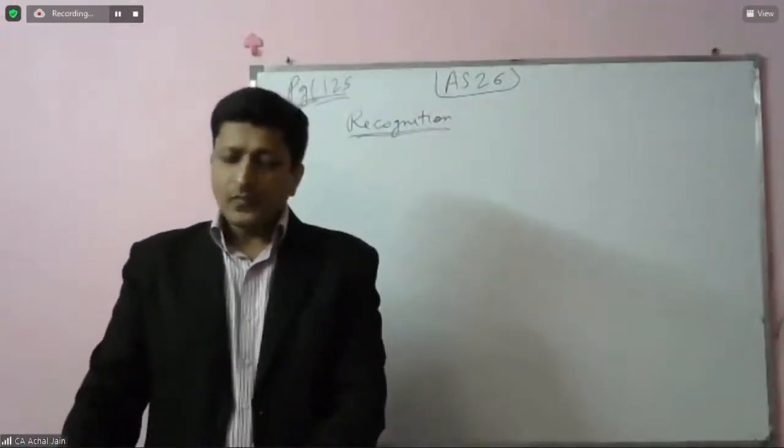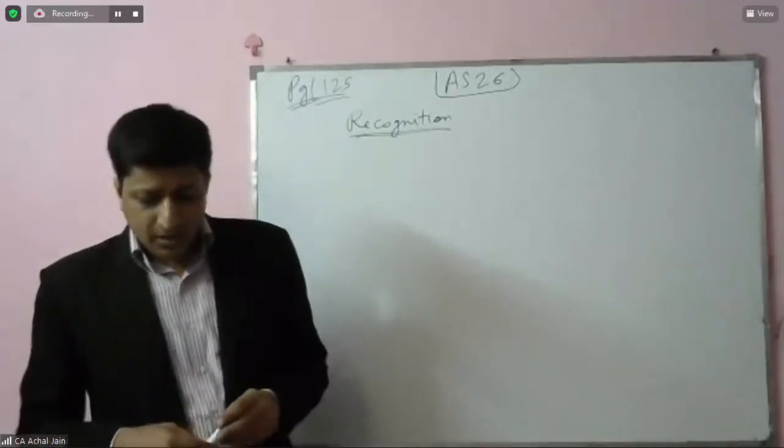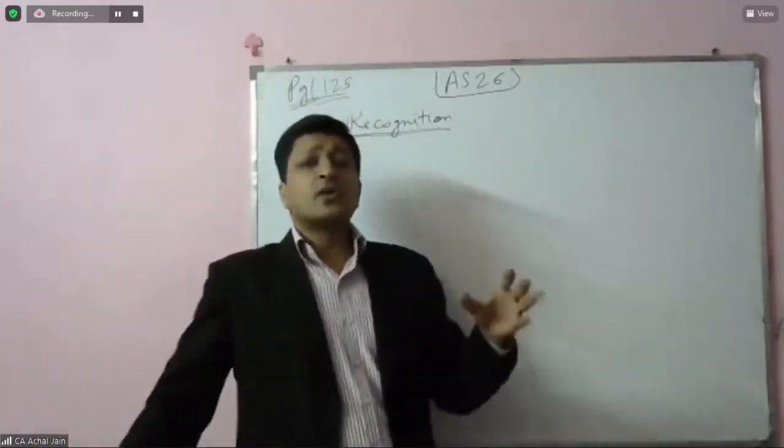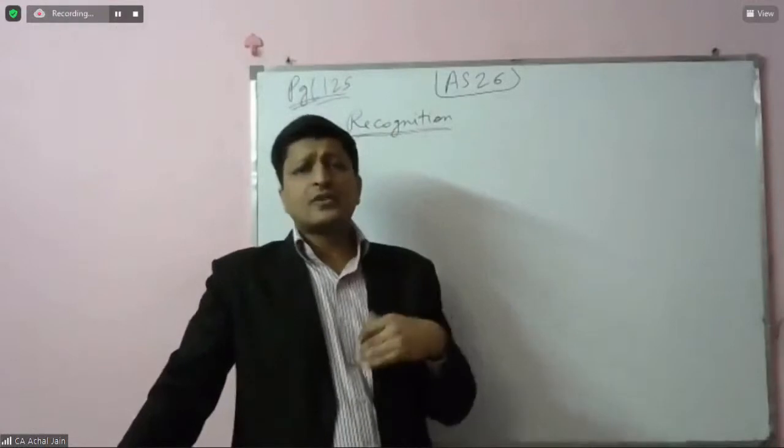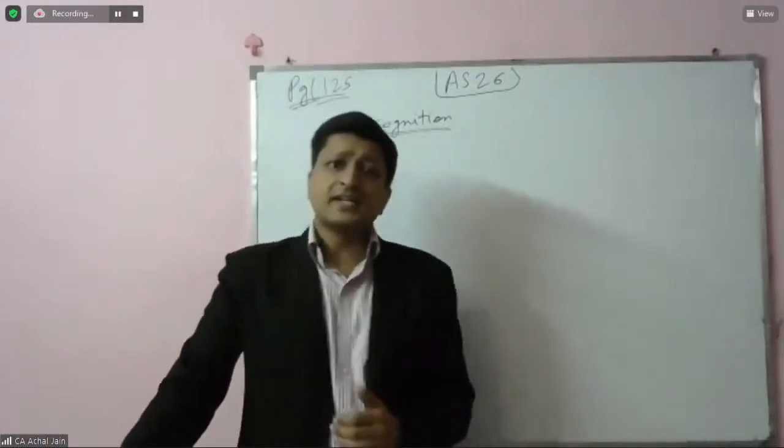Okay, so now moving further on to the recognition criteria. So far, whatever we discussed was all about the definition of intangible asset, or you can say meaning, which is also the criteria for its recognition.